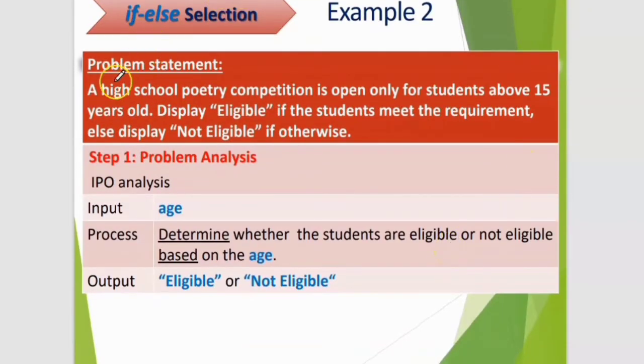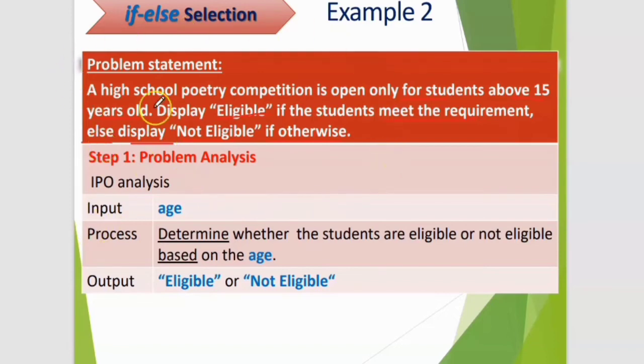Second example: a high school poetry competition is open only for students above 15 years old. Display eligible if the student meets the requirement, else display not eligible. The first step, you must identify the IPO. Remember, if the question asks you to write pseudocode or draw a flow chart, make sure you do the IPO analysis first.